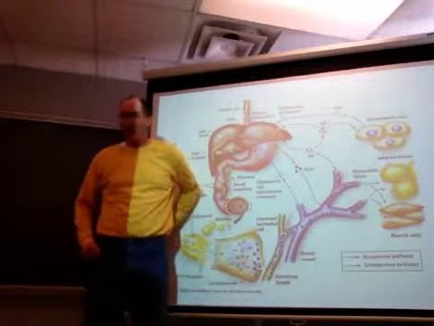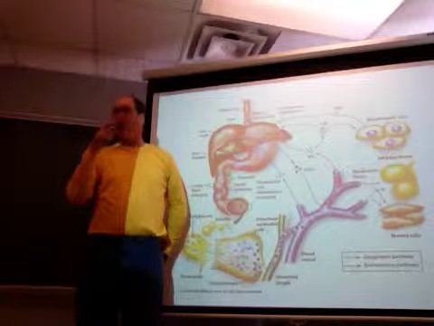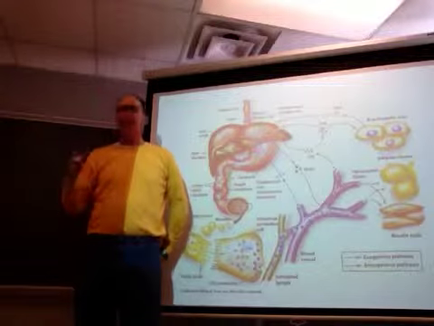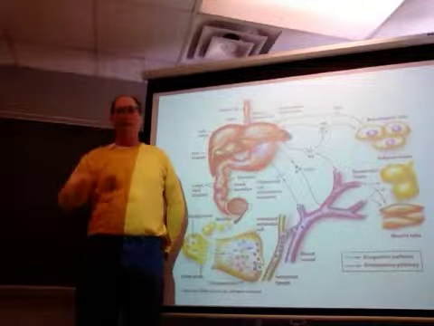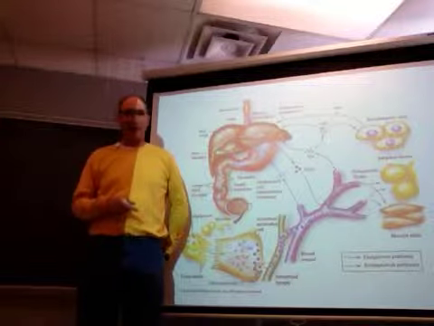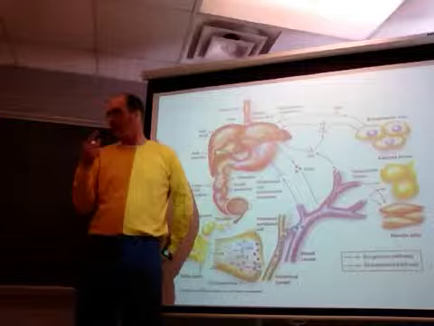As they travel around, what happens? They get used up. Lipids are removed for use by the tissues, and so the amount of lipid decreases. As the amount of lipid decreases, what happens? The density increases.